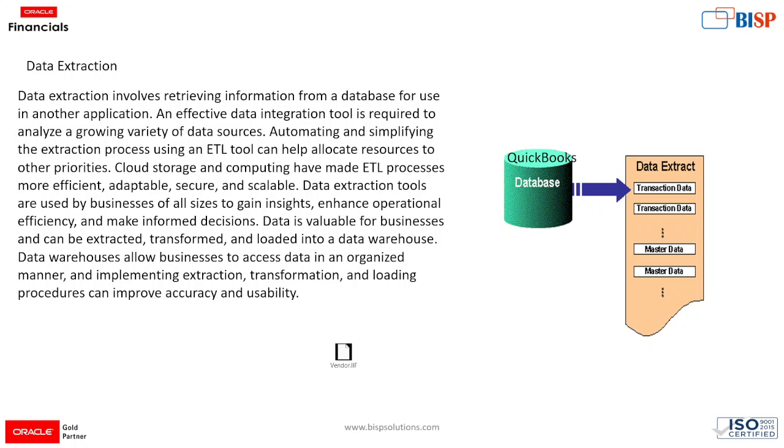A data warehouse is a central repository that stores the data from various sources in an organized manner. By implementing the extraction, transformation and loading procedure, the business can improve the accuracy and usability of their data, making it easier to access and analyze.